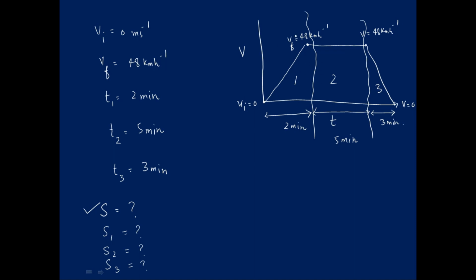In the first part you can see the velocity is changing from initial to final, and we have the time. So to calculate the distance we can use 2 equations of motion.